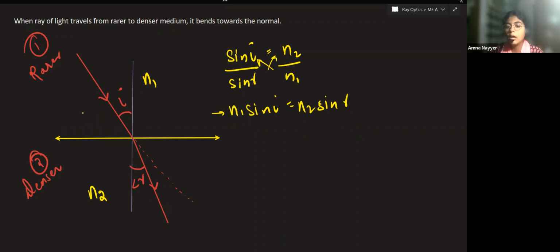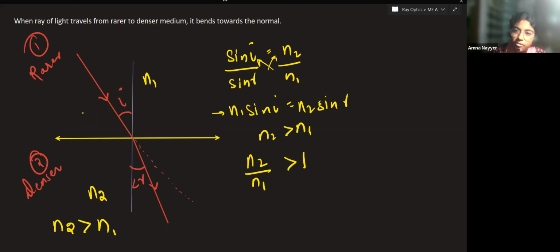Fine. Now, if your medium 2 is denser, the refractive index of the denser medium is always greater. Remember this one. Because optical density is high, the refractive index will be more. So N2 will be greater than N1. So if N2 is greater than N1, it means N2 by N1 is greater than 1.